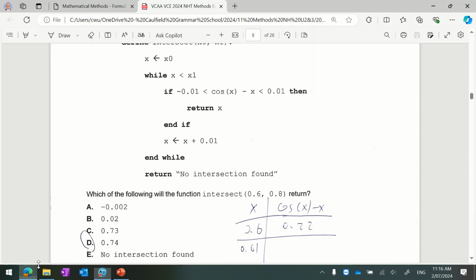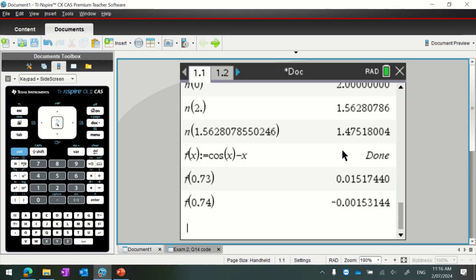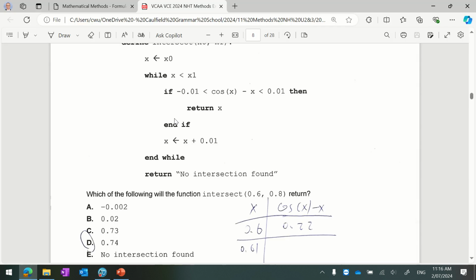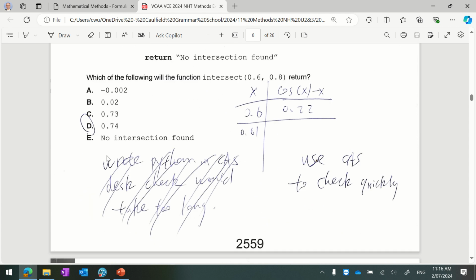This is now between negative 0.01 and 0.01 because it's got 2 zeros after the decimal point versus 1 zero after the decimal point in 0.015. So the computer is going to recognize that when x is 0.74, this condition is satisfied, so it will return x and it will terminate, which means 0.74 is what the computer will spit out. So 0.74 is the answer.